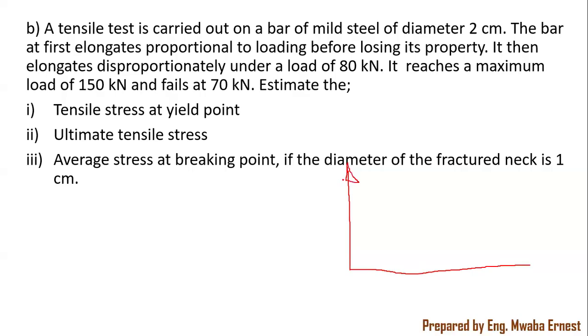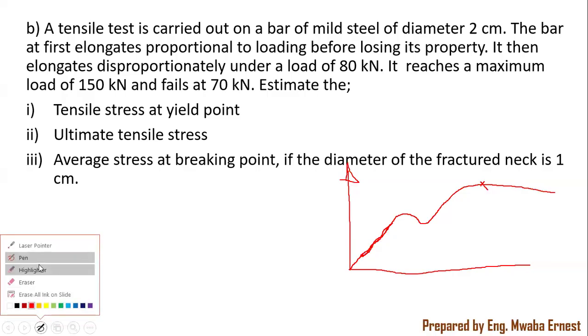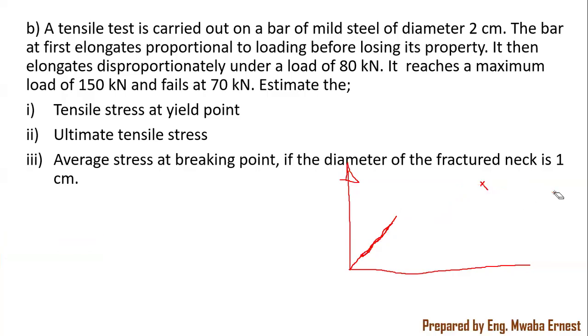When you start at 0, it's a straight line. Then at some point, it reaches a point where it's no longer proportional. Then it continues and reaches the maximum load at some point, then it breaks. So the maximum load, let me just try to make this a bit neat. So there.